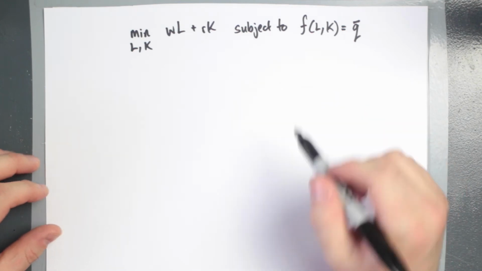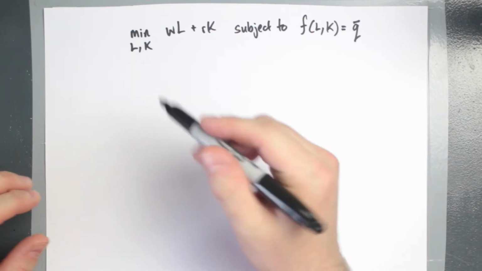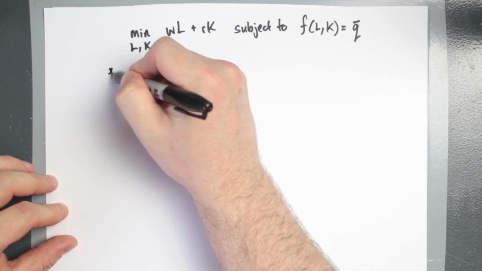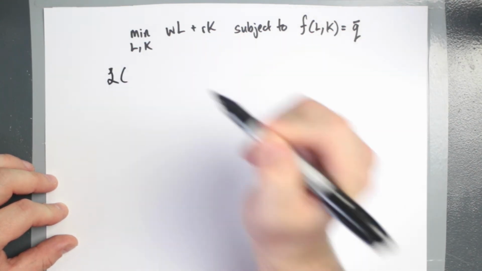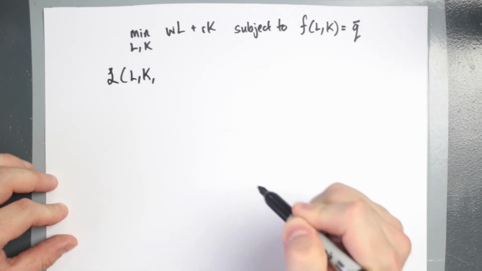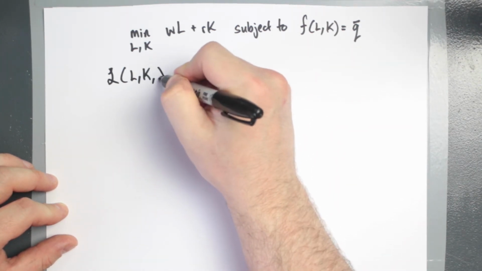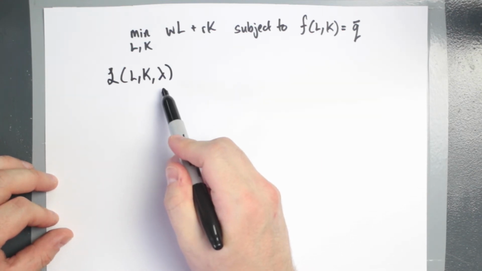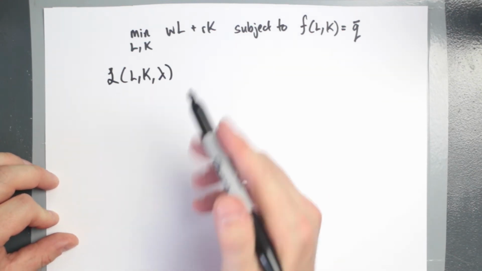The way we tackle this is to form a Lagrangian as follows. So the Lagrangian, we do this fancy L, is a function of L and a function of K. And we also introduce this additional variable, the Lagrange multiplier lambda.